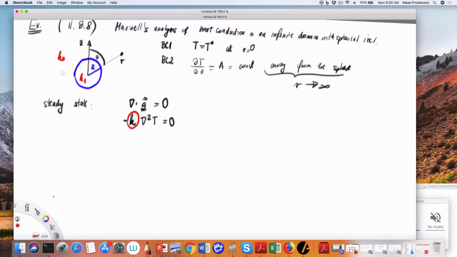So we're actually solving a simple equation. It's just that we're going to have to match the boundary conditions. So it's really the Laplacian of T equal to 0 in each material, and I have to do appropriate matching on the boundary. Right?